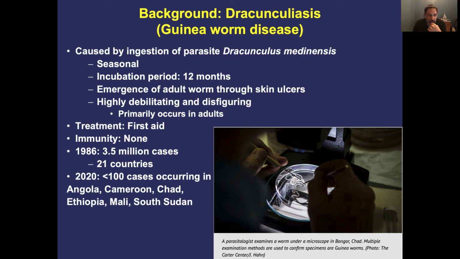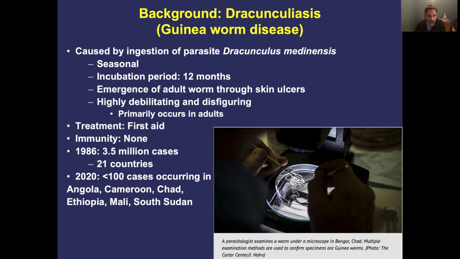And this was a very common infection in 1986. There were about 3.5 million cases occurring worldwide in about 21 countries. But through disease control and eradication efforts, by 2020 there were less than 100 cases occurring around the world, and these were primarily in sub-Saharan Africa and in some of the more challenging places to work, for example, because of armed conflicts.